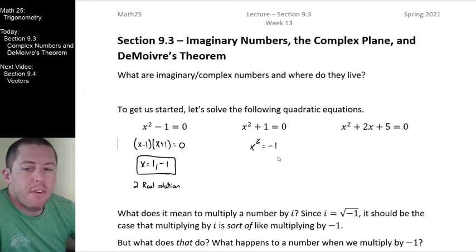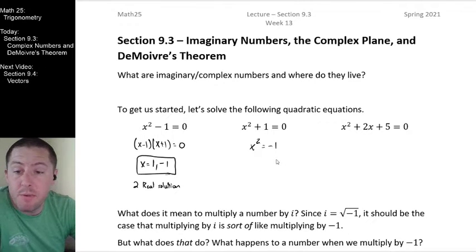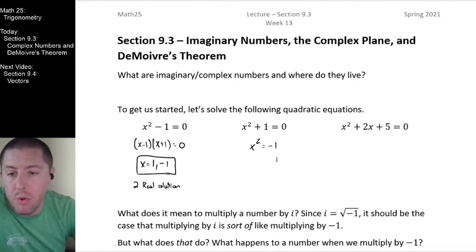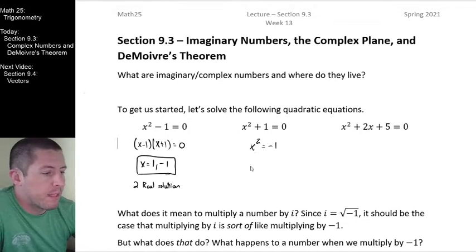But every time we square a real number, we get a positive number. However, I feel like I should algebraically be able to take the square root of both sides and arrive at the solution x equals plus or minus the square root of negative 1.